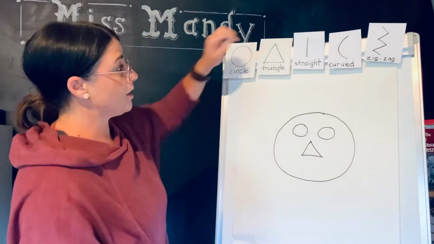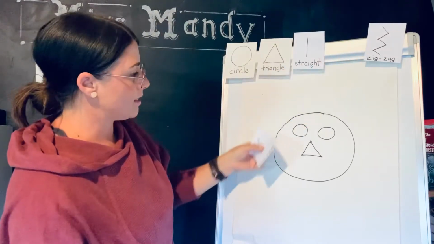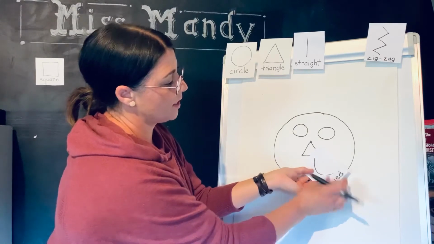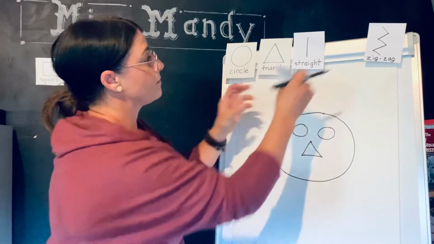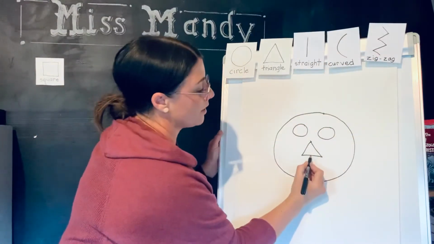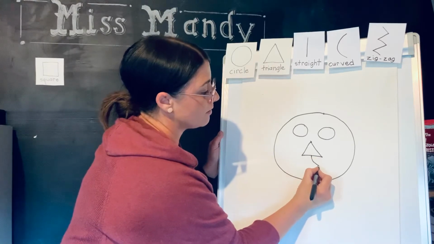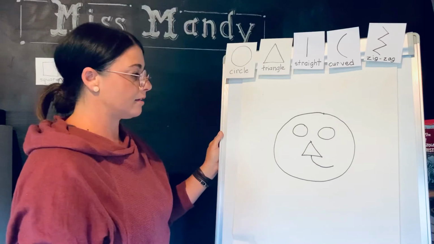So next we're going to use our curved line, and this is going to be the lion's mouth. So it's going to go from the nose and curve out one direction. So start here at the bottom of your triangle and just do a curved line out to one side.